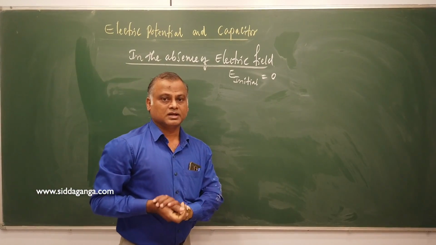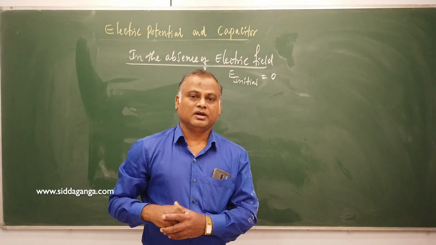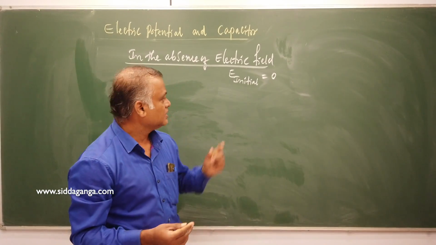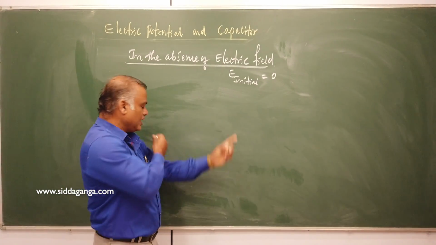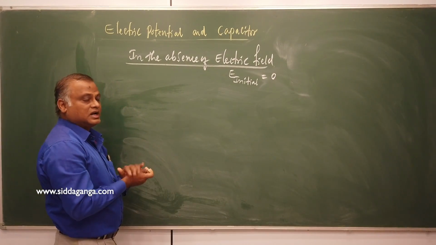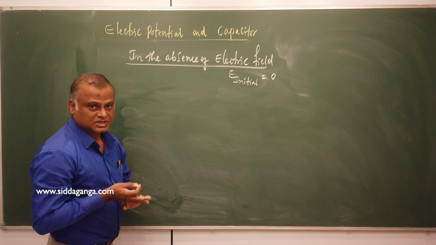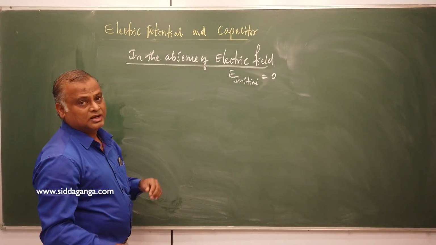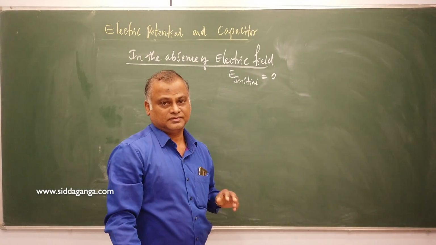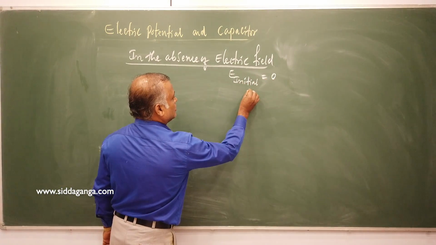Let me study the same concept for a system of three point charges in the absence of an electric field, where no electric field exists. As we studied, the question is: expression for potential energy due to a system of 3 point charges.